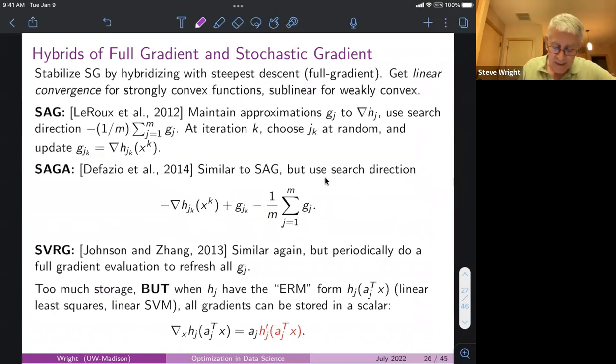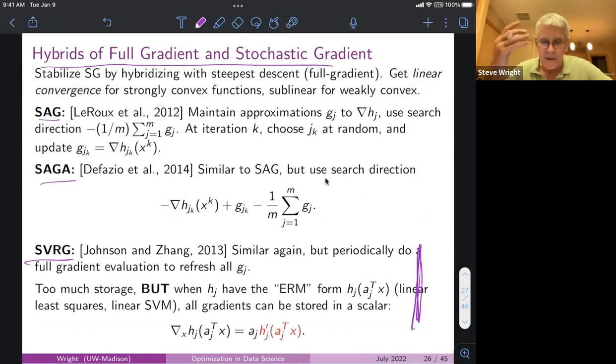Okay, I mentioned that people had been proposing methods since about 2011 that are hybrids of the full gradient and the stochastic gradient method. I won't go into detail about what they involve, but these are three of the most famous ones, SAG and SAGA and SVRG. Essentially, what SVRG does, to take one typical example, is that every so often it evaluates a full gradient.